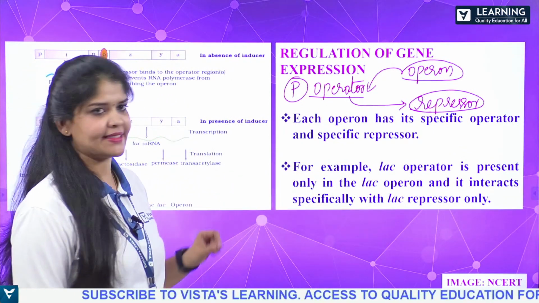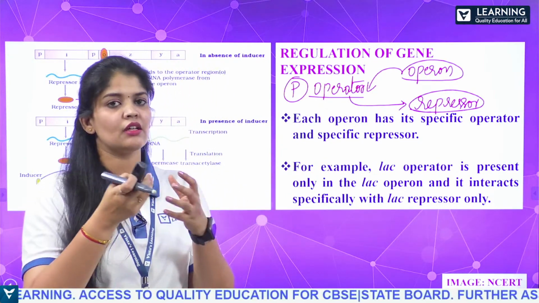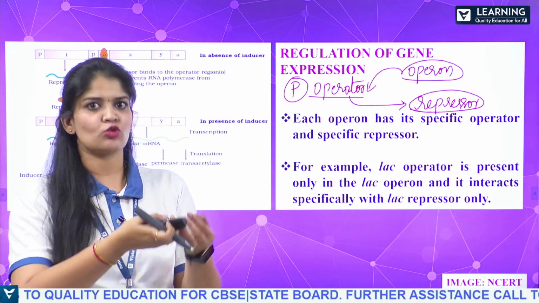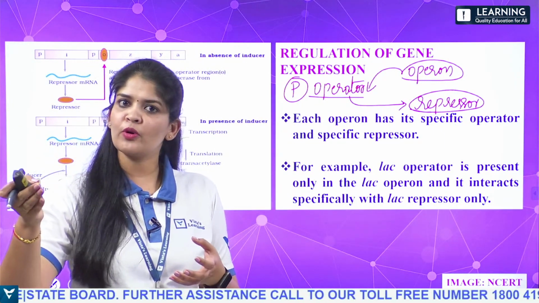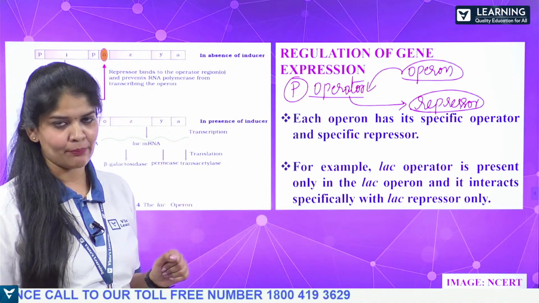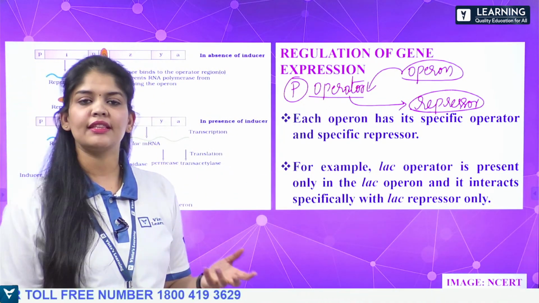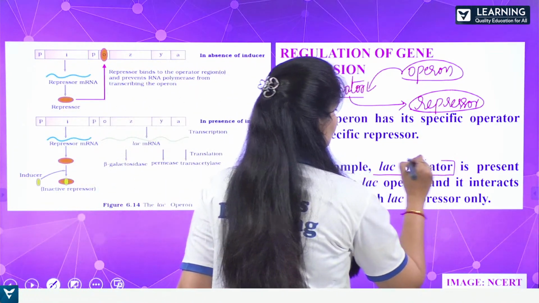Now, to understand how the repressors act as regulatory proteins, how they are expressed, and how they are going to stop transcription, let's take an example operon, the lac operon. Lac for lactose.